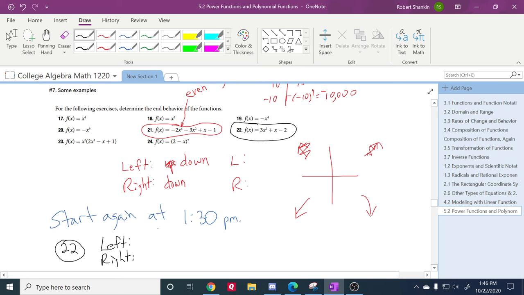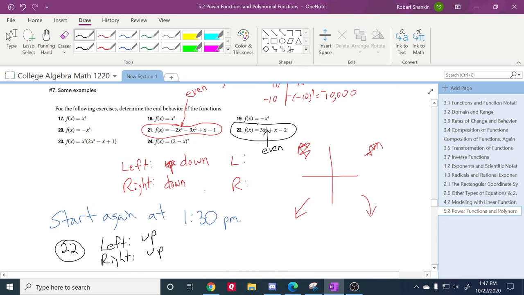We think that to the far left it goes up, and to the far right it goes up as well. And why is that? Because the exponent is even and positive. Very good. That exponent is even. We only concern ourselves with the leading term. And it's got a positive leading coefficient, and being even, they both go in the same direction. And if it's a negative leading coefficient, they'd both be down.